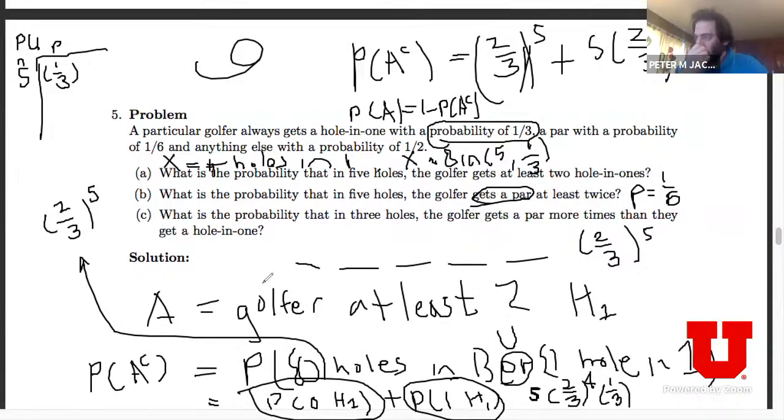So here's the last part, which is a little different. It says, what is the probability that in 3 holes, the golfer gets a par more times than they get a hole in 1? I'm going to get rid of the stuff here.